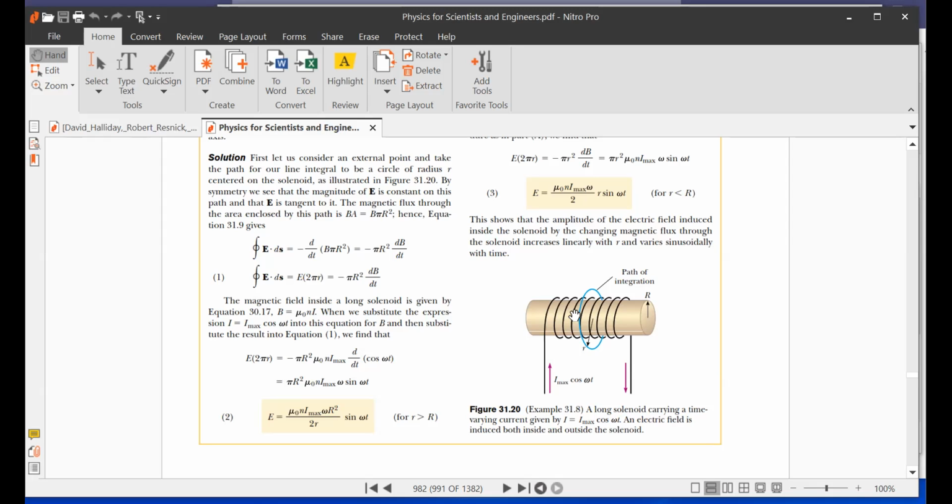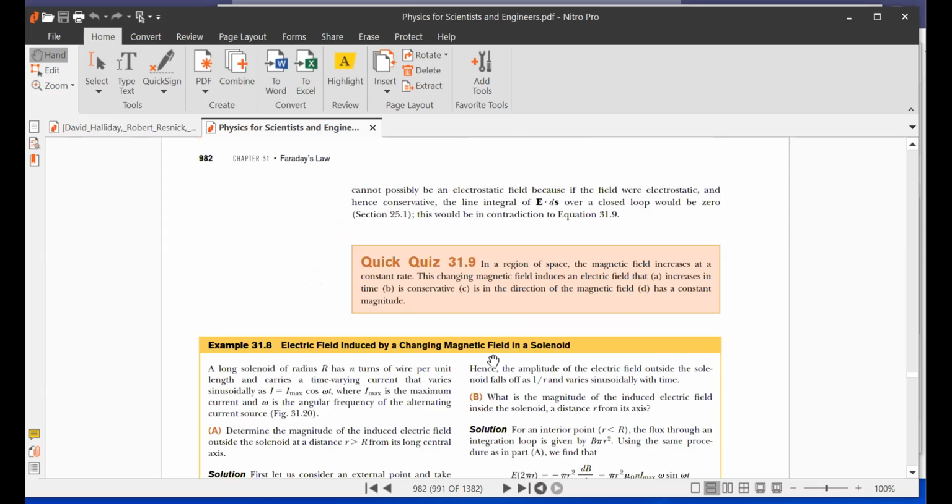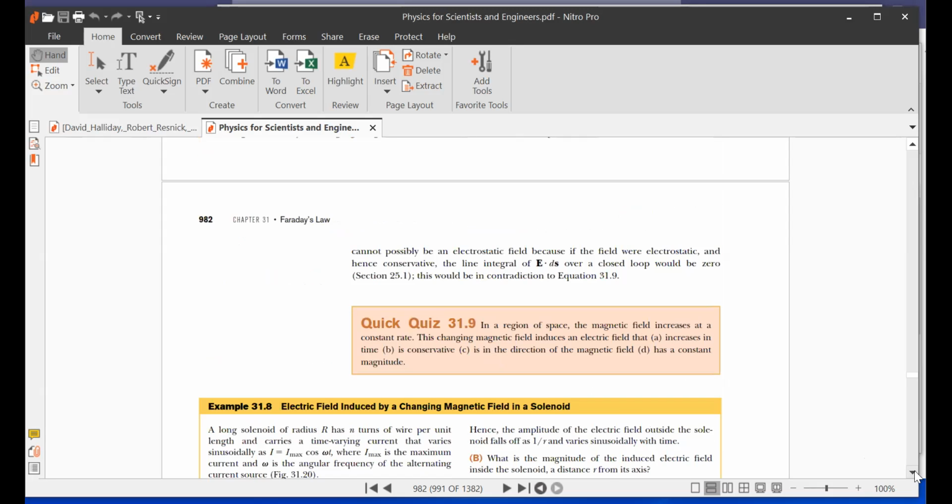We preserve cylindrical symmetry in this case. Okay, we continue. Then we get the induced electric field is this one, for little r greater than capital R.